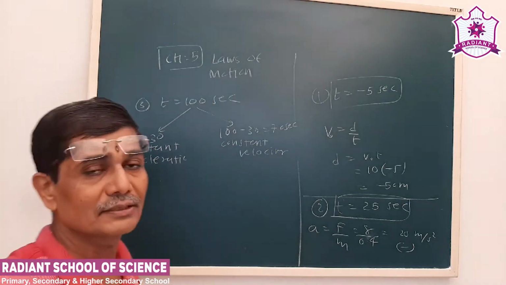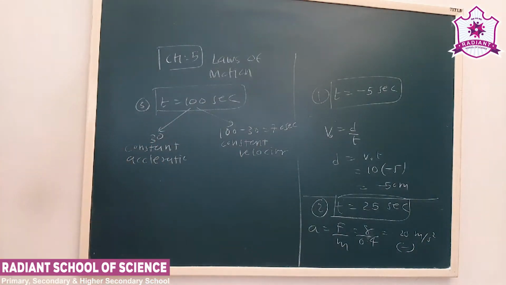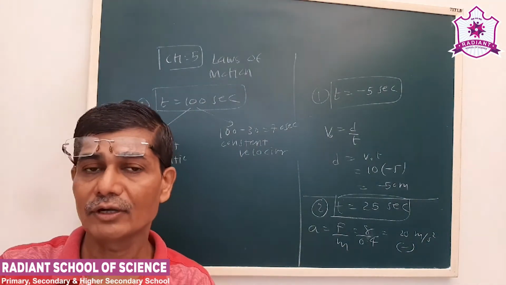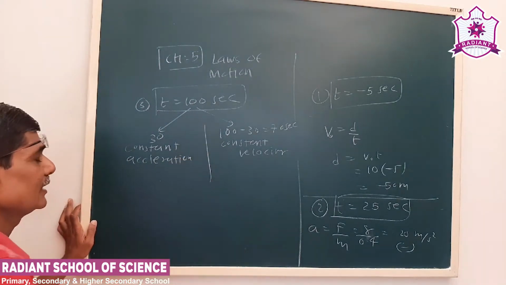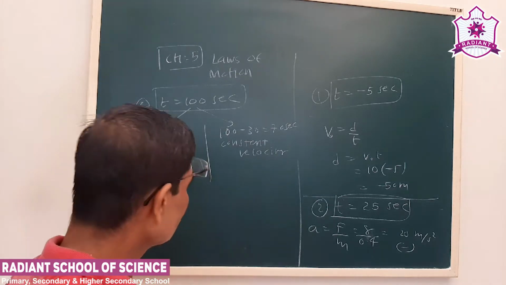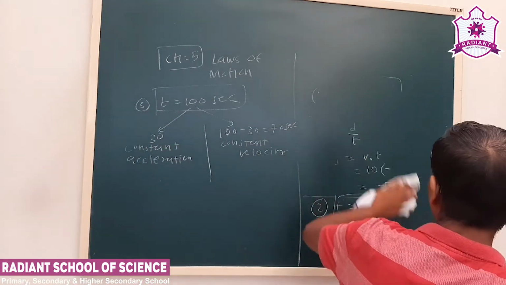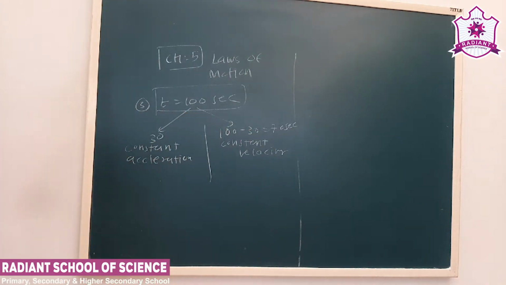So this part we can say is divided into two parts. Why? Because the question says the force is acting for only 30 seconds. So during that time interval, it moves with a constant acceleration, and after that it will move with a constant velocity. So first we have to calculate the distance covered during the first 30 seconds.